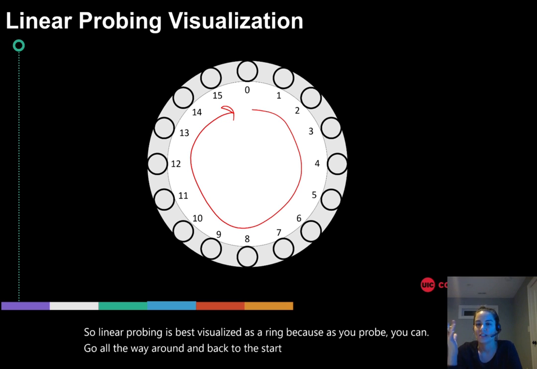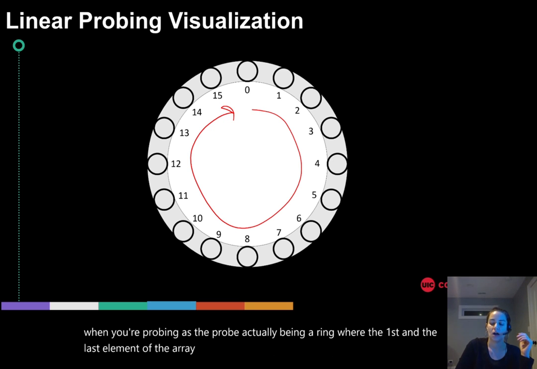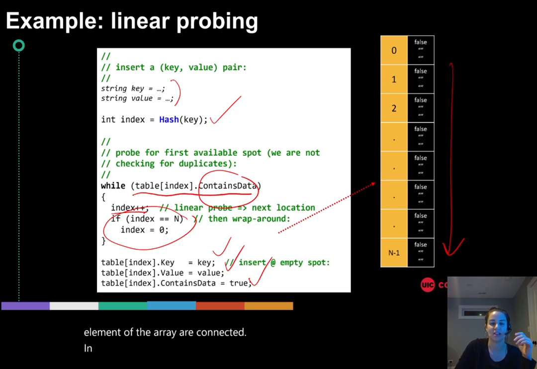A lot of people like to think of linear probing as the probe actually being a ring where the first and the last element of the array are connected. In code, nothing fancy, you're just setting the index to 0 anytime you reach the last one.